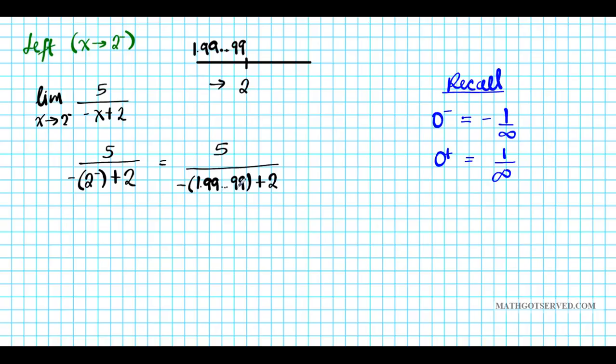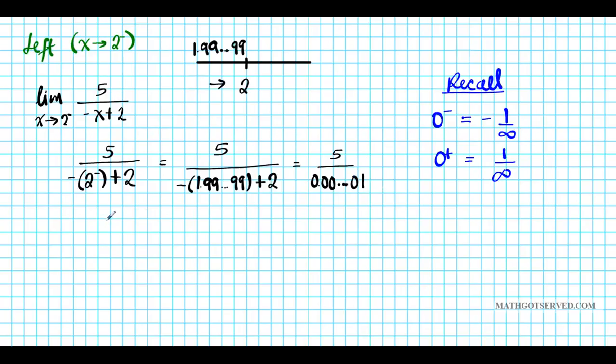Okay? Now what will you get when you subtract negative 1.999999 plus 2? You get 5 over 0.00, infinite number of zeros, 0, 1. Okay, you get a really small positive number.